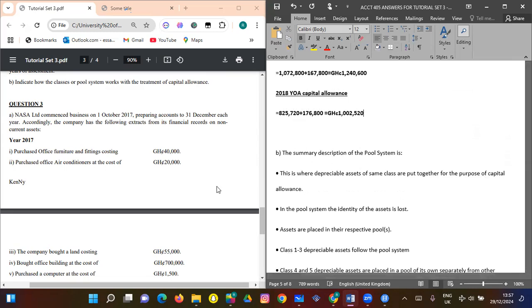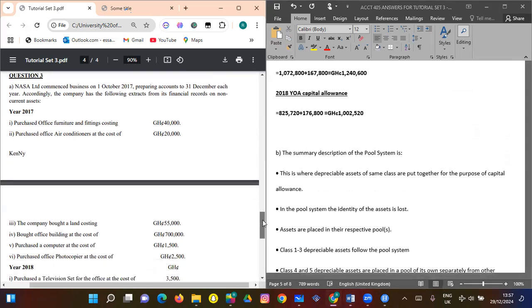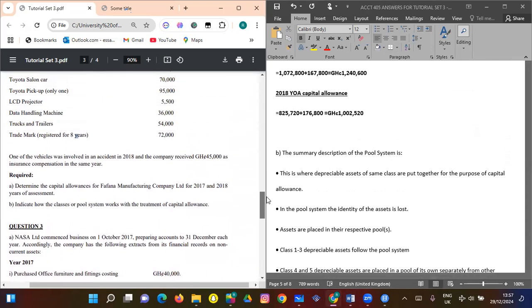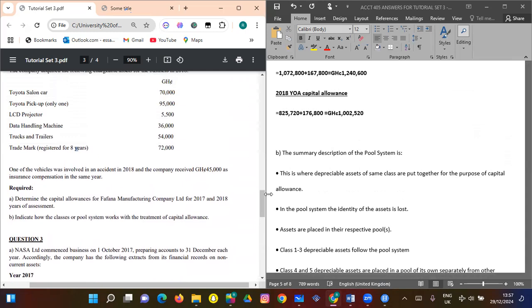Now the B part is saying, indicate how the classes or pool system works with the treatment of capital allowance. So basically, they just want you to explain what you've done so far in the form of how the pool works. This is the summary description of the pool system.